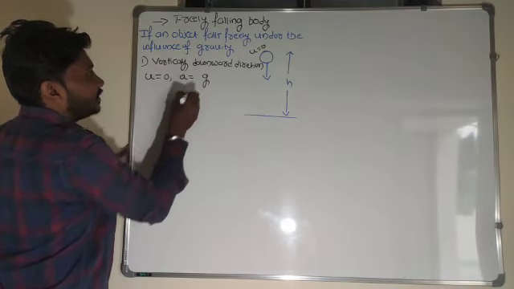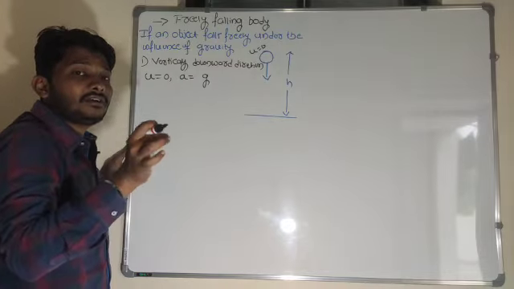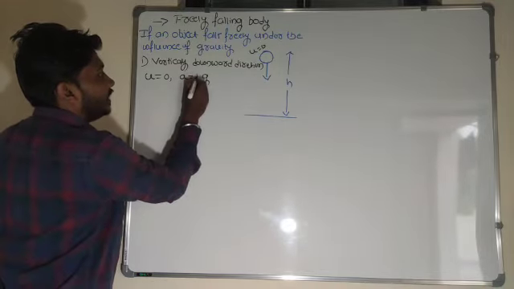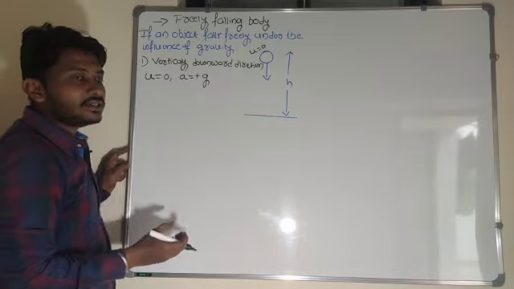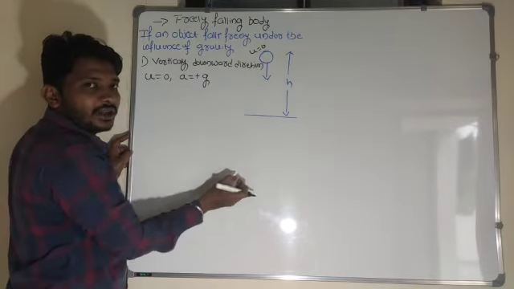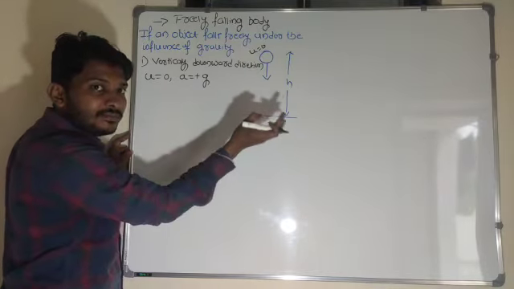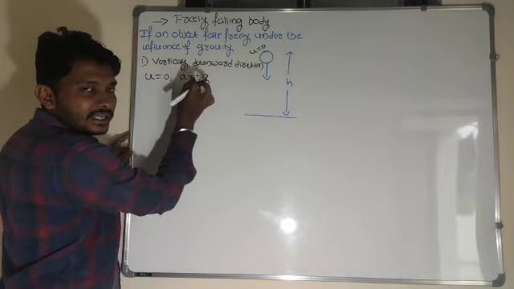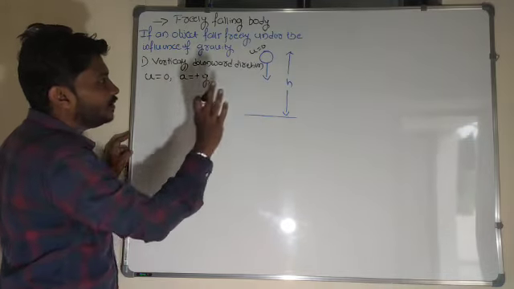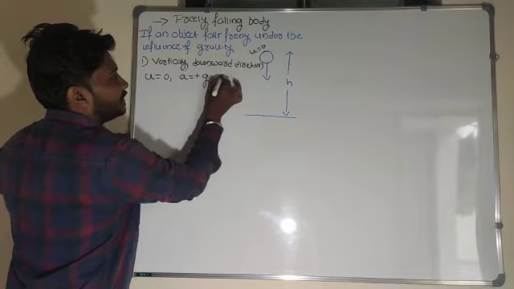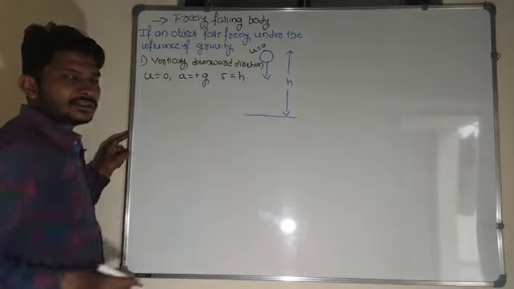The acceleration of the body is equal to the acceleration due to gravity. Here I will take the sign convention a is equal to plus g. Why? Because the object is moving downward and gravity also pulls downward, so both are in the same direction. And the distance is equal to the height.